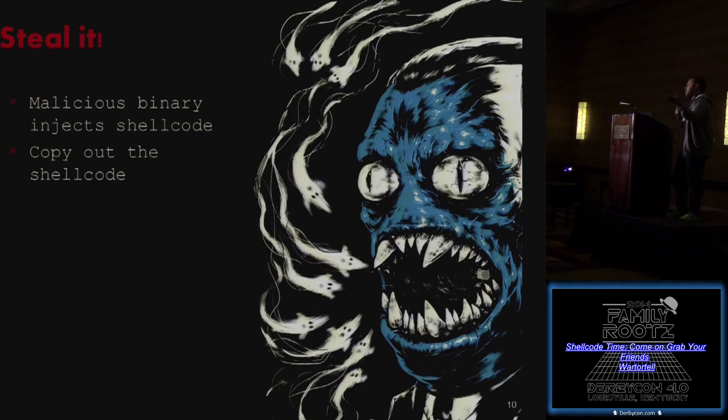Because if you can figure out where it's providing its IP and port or whatever you're looking for, you can rip that out, change it, and use it for what you need. So there's definitely ways to steal shellcode from different sources of malware. The point is somebody else has written this and they've done the work for you. Somebody probably already has created the capability that you need. So you can go and do it that way.